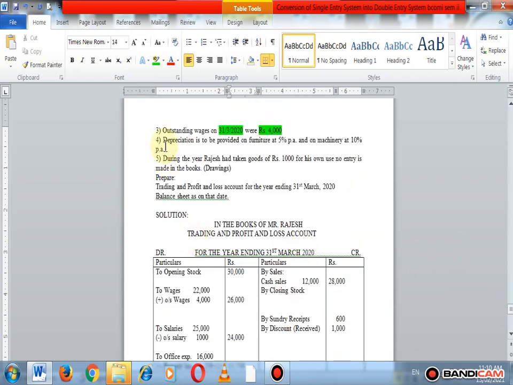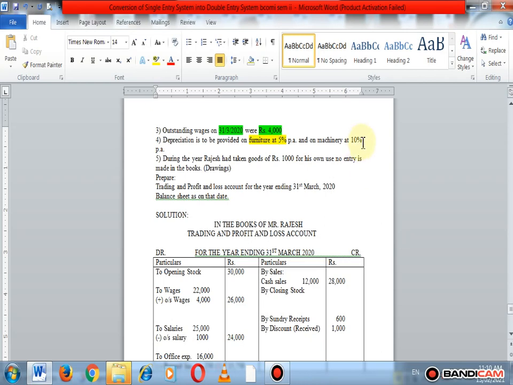Then fourth adjustment, that is depreciation. So we easily calculate 5% depreciation on furniture. Then we make a posting of machinery, because the additional machinery was purchased on 1st January 2020.